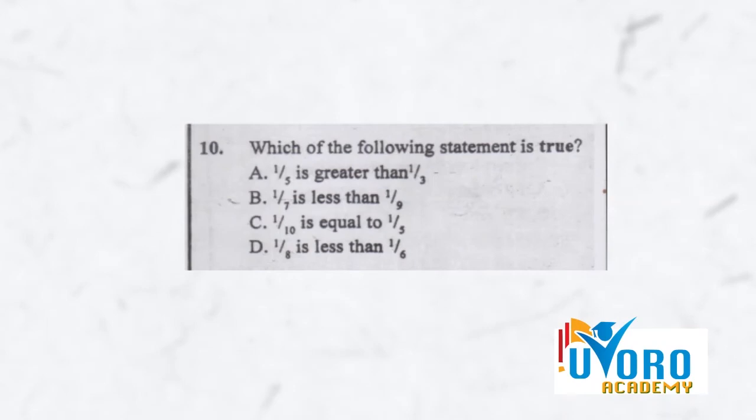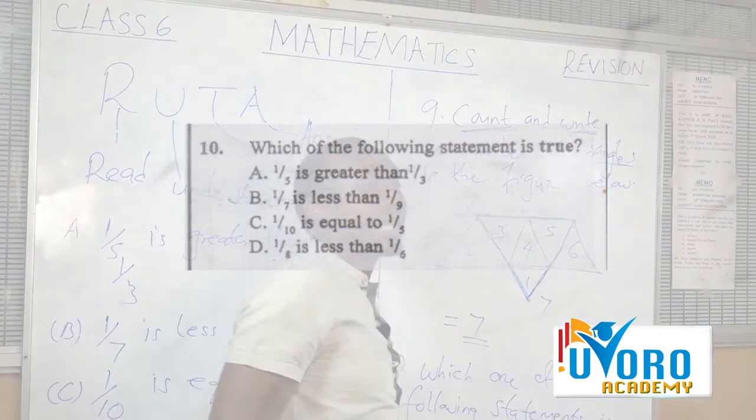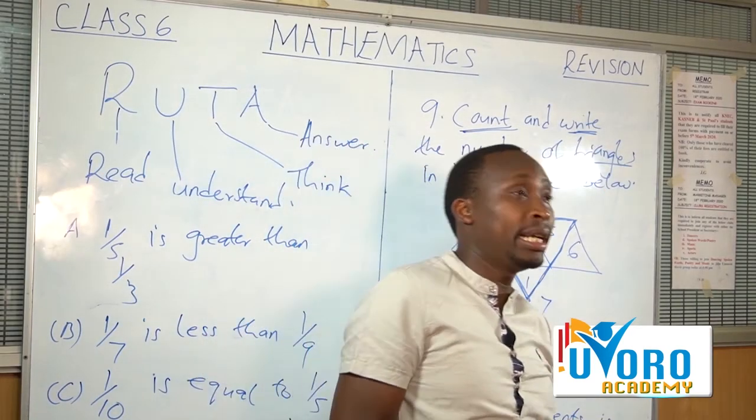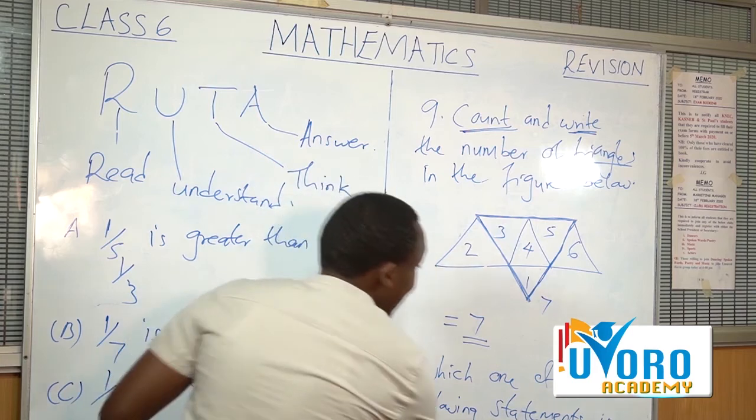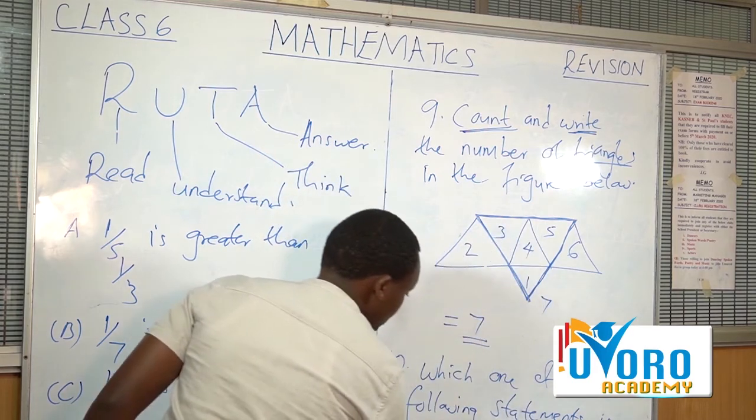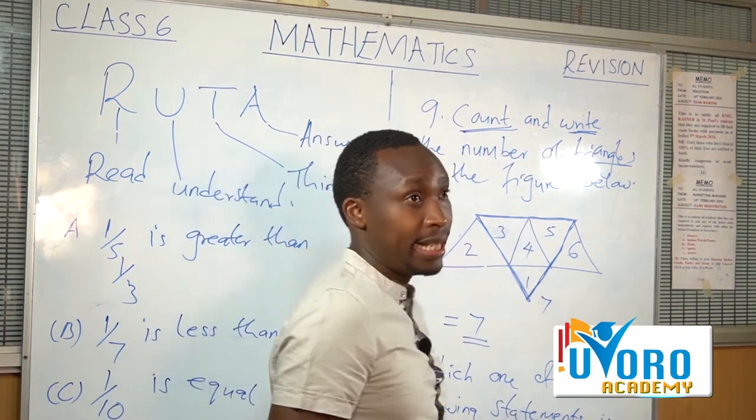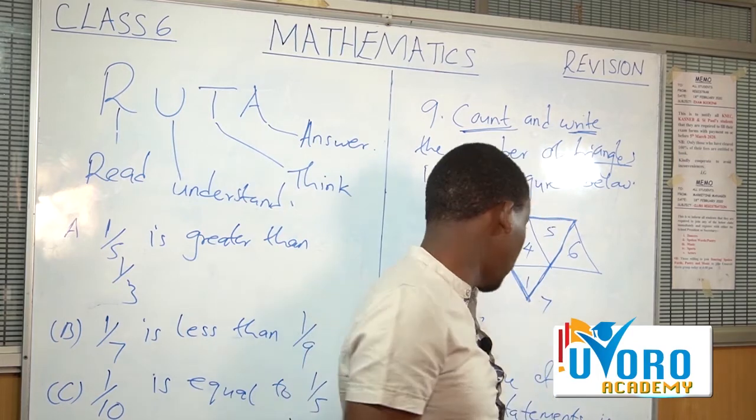Which one of the following statements is true? Now, let's understand what we are being asked. What is the key word here? It is statement is what? True. Which one is true?